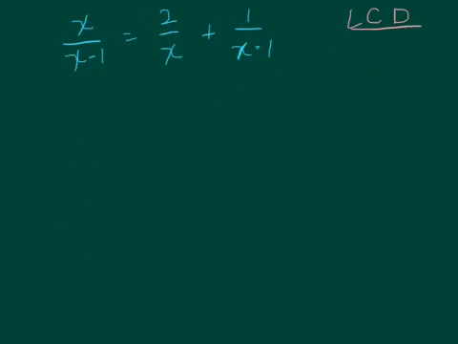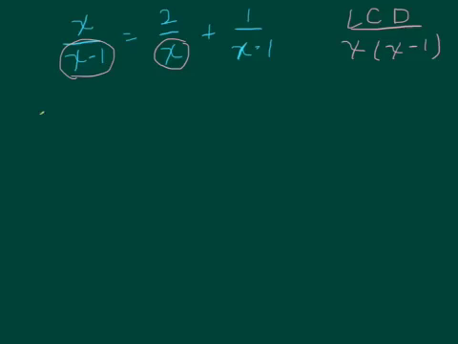Okay, so we've got x over x minus 1 equals 2 over x plus 1 over x minus 1. The unique factors in our denominators are x minus 1 and x, so our lowest common denominator is going to be x times x minus 1. And we're going to multiply each expression in the equation by our lowest common denominator.